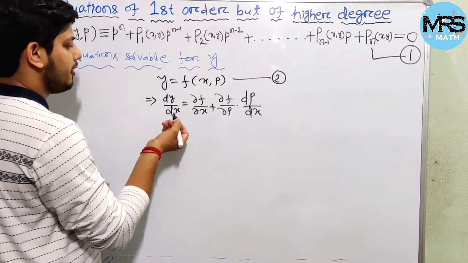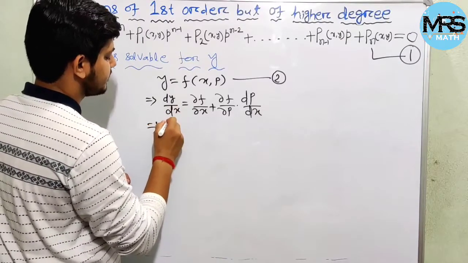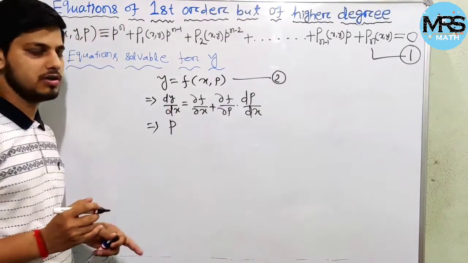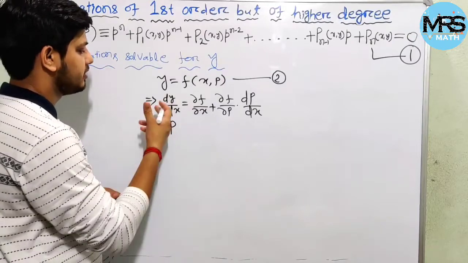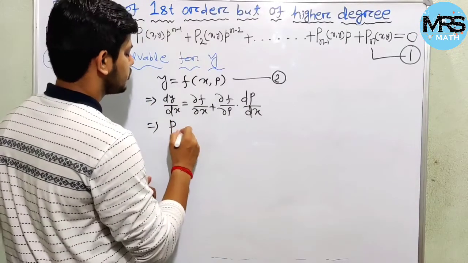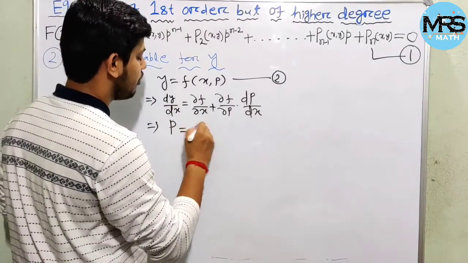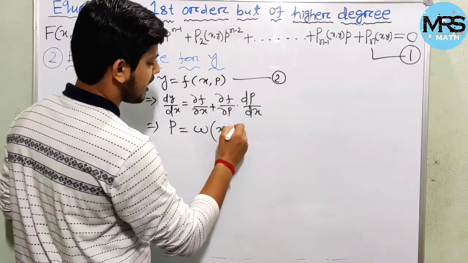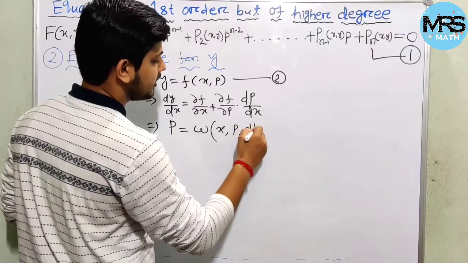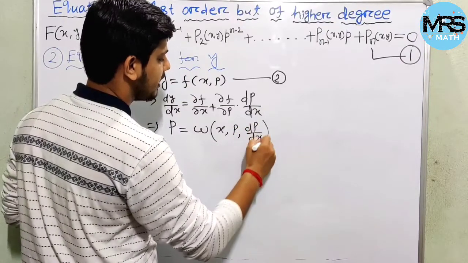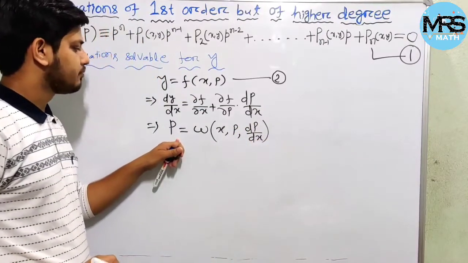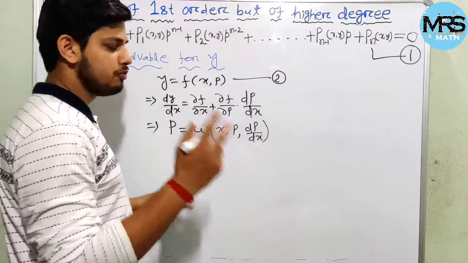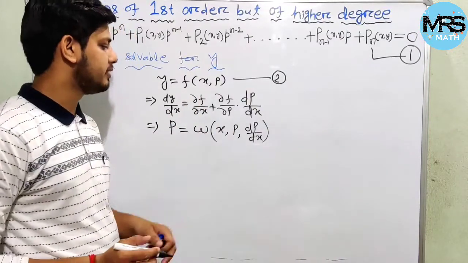We write p for dy by dx, so p equals some function omega of x, p and dp by dx. So this is an equation in two variables, that is x and p.